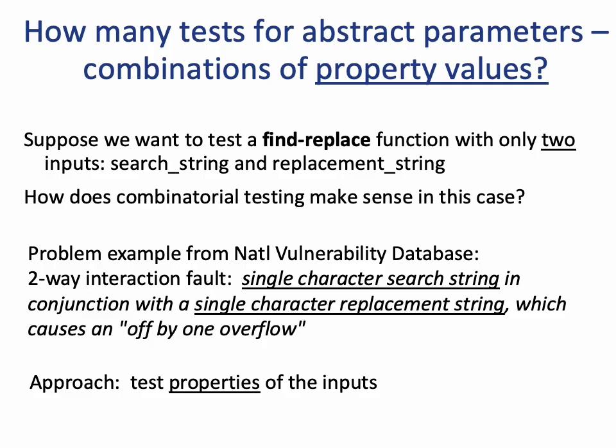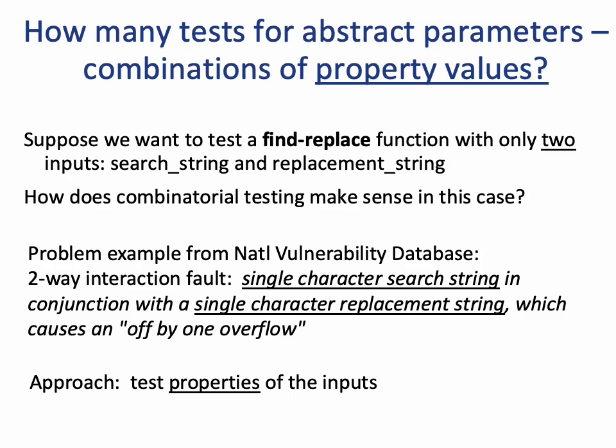And in this case, we had a combination that causes a failure when there are only two inputs, a search string and a replacement string. So the failure says that a single character search string in conjunction with a single character replacement string causes an off by one overflow. So that's a vulnerability.